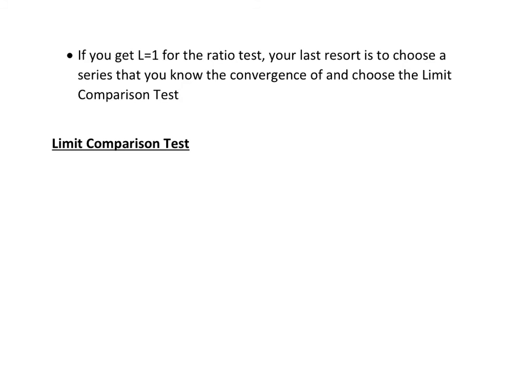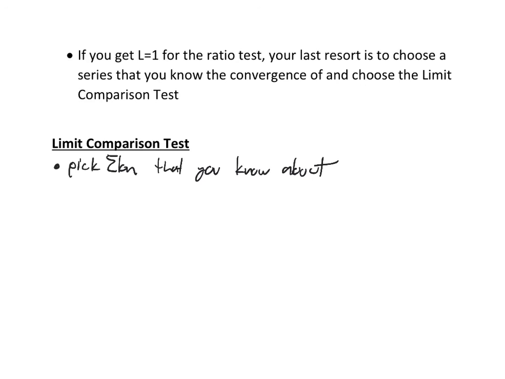And that is to use the limit comparison test. Now, this is probably the most difficult one because you need to choose the comparison that you want to do, or you need to find some series that you know converges or diverges. So to do the limit comparison test, you pick a b sub n, a series b sub n that you know about.